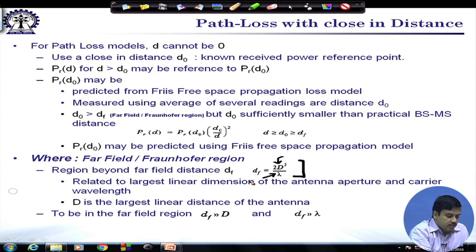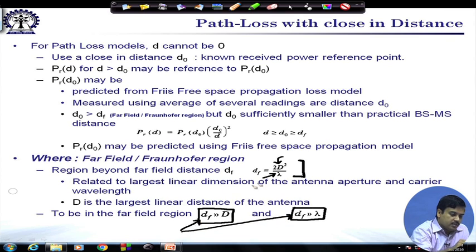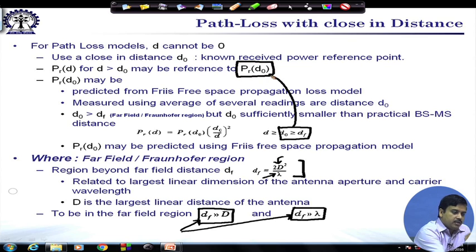So, df is usually calculated in this form, and to be in the far field you have to maintain the criteria that df is much greater than d and df is much greater than lambda. Once you have found df following these expressions, you have to ensure that d0 is greater than df.